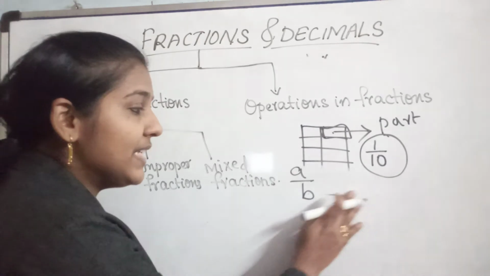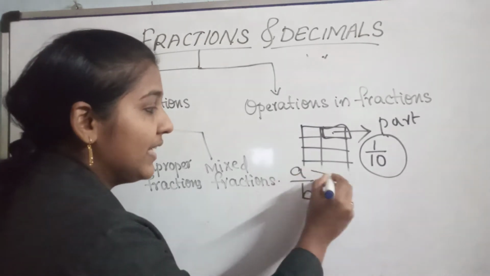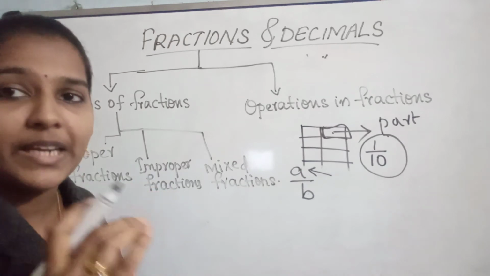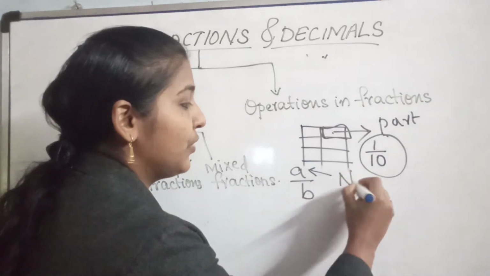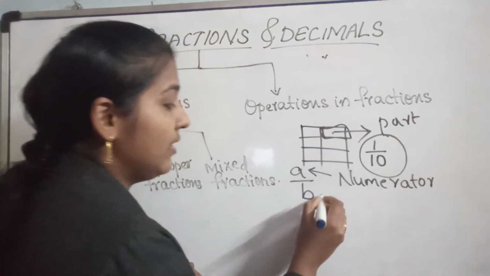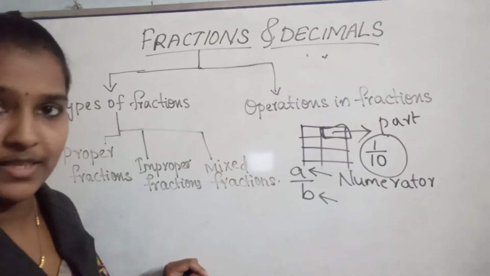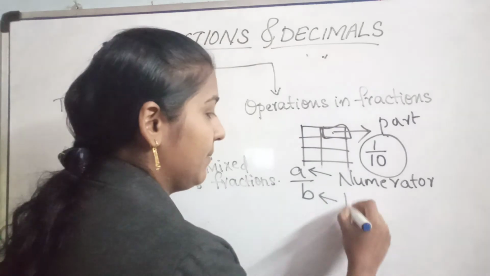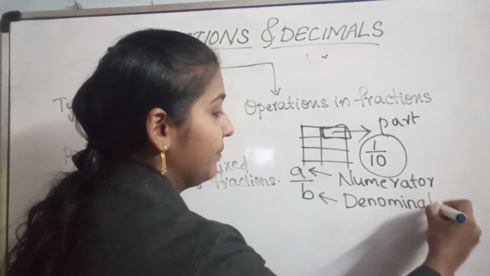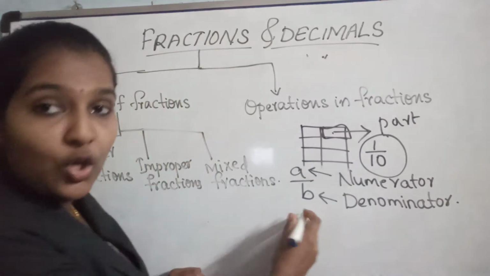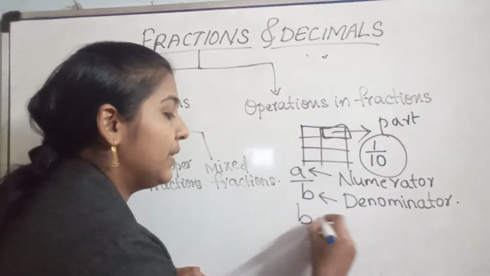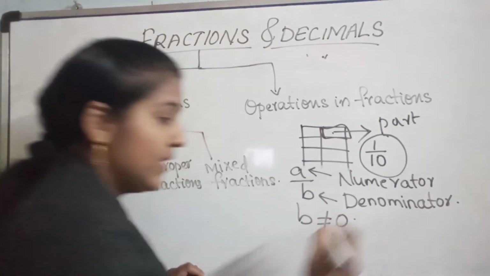The number above the line is called the numerator, and the number below the line is called the denominator. The denominator will never be equal to 0. That is, B will never be equal to 0.